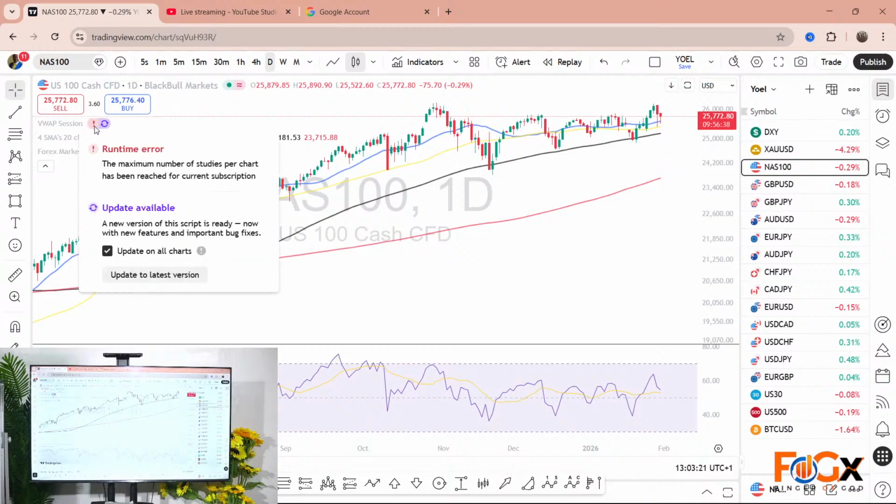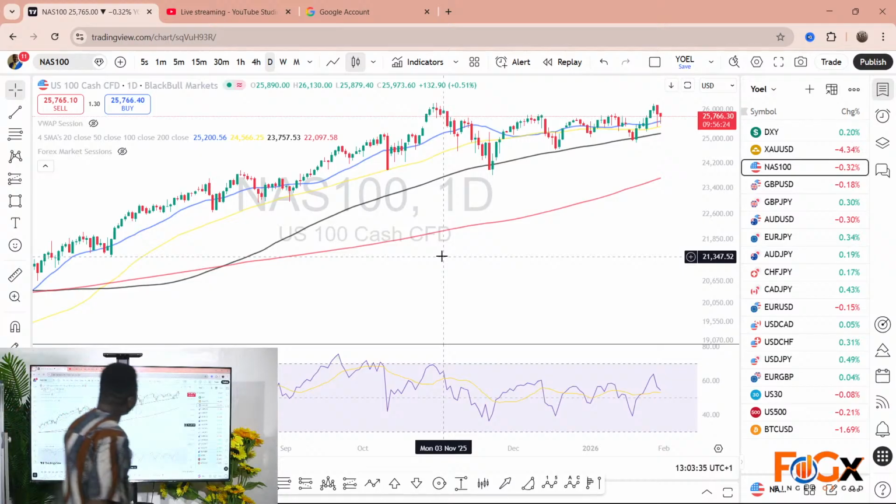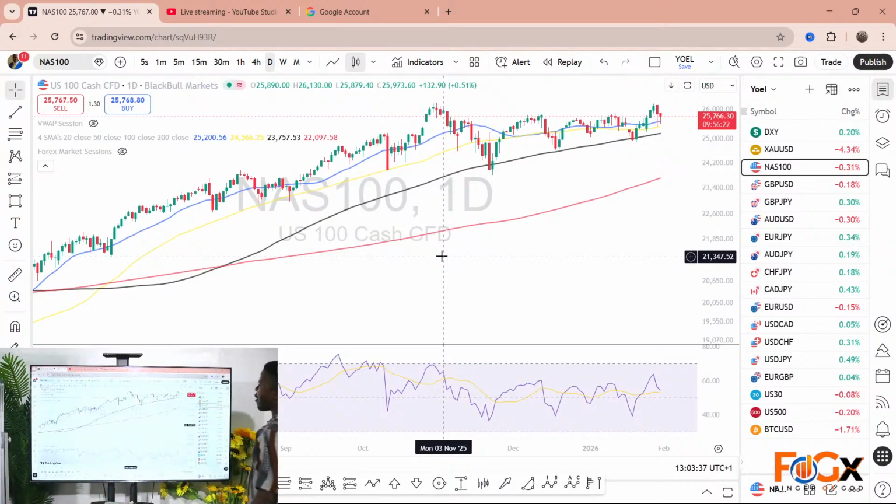Let's leave it. The VWAP too works like the moving average, only that VWAP is volume weighted average price. So now this is NASDAQ 100.